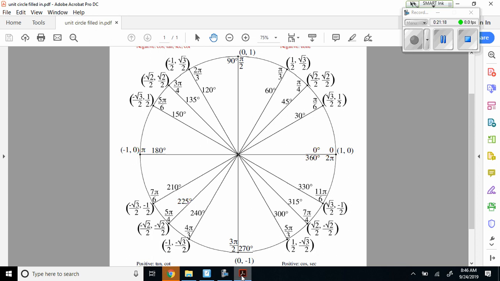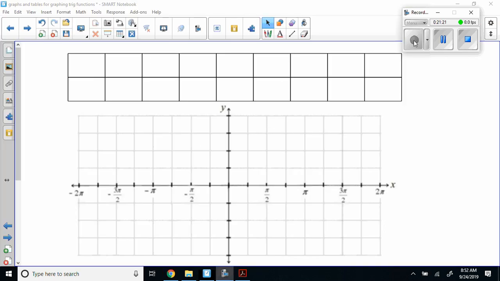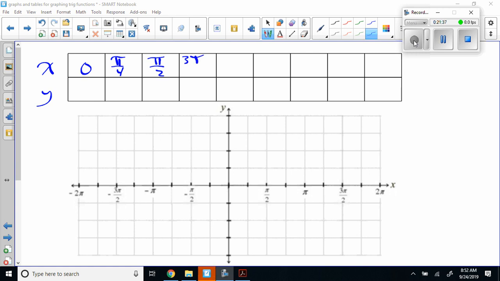Figure out tangent. Go. All right. So let's look at it. Here's X, here's Y. Excuse me. 0, pi over 4, pi over 2, 3 pi over 4, pi, 5 pi over 4, 3 pi over 2, 7 pi over 4, and 2 pi.